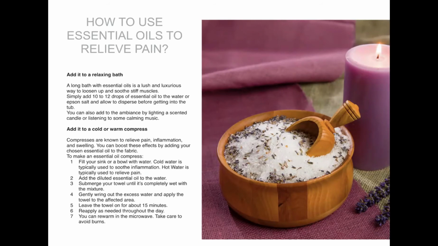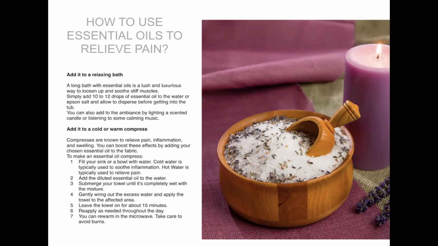So the very simple way to use the oil to release any tension in the muscles, like stiff muscles, loosen up, is to have a nice relaxing bath. And in this case, usually it's around, I would say, 10 drops, depending on how strong the oil is.